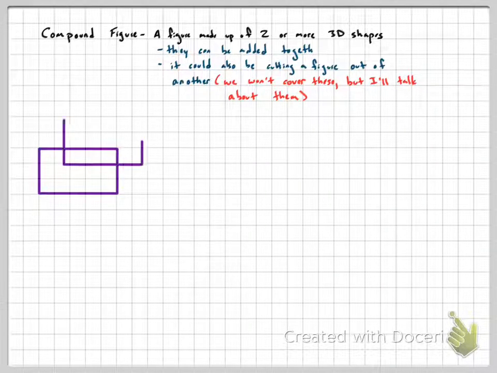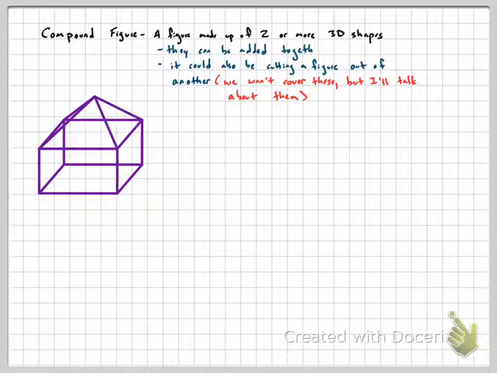So let's first talk about what this would look like as far as a problem, right? So right here I have a rectangular prism, right? Now that is a singular shape. There are not two shapes present or two figures present. But if I start to draw on the top, I've now created a pyramid on the top, which means the volume, think of this as if this was one solid figure, right?